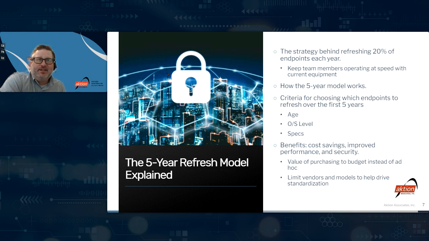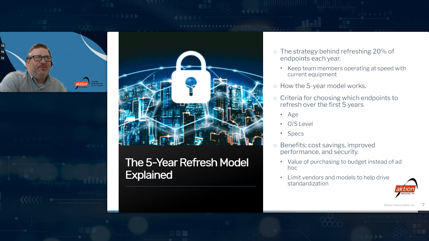What are the specs? What is the age of the Intel processor generation that's in the machine? What is the RAM? How does the disk fit our current strategy? Each of those is a criteria that we'll evaluate individually. We'll assign each of the endpoints kind of a score, and then basically categorize them out in terms of the 5-year program that we're looking at.